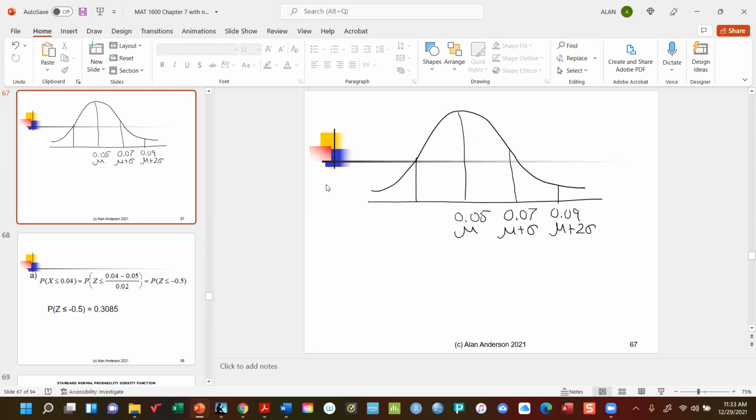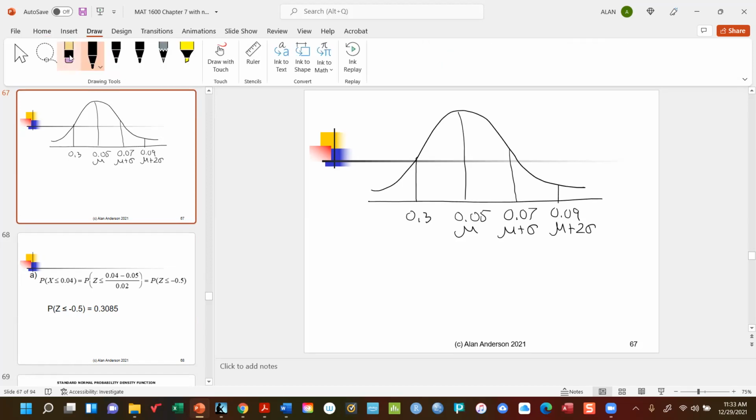Down here, we have 0.03, one standard deviation below the mean. And then finally, right about here, we have 0.01, 2 standard deviations below the mean. Now, this is the distribution for X.